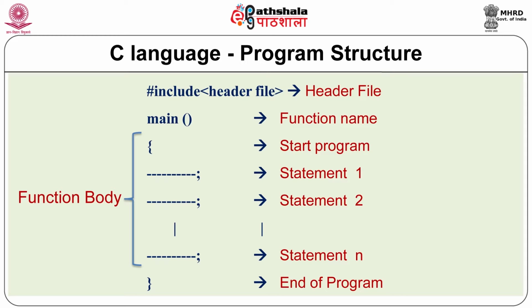Between the open brace and close brace, the valid C statements are to be written. The function ends with a semicolon. The statements written between open and close braces are called the function body.